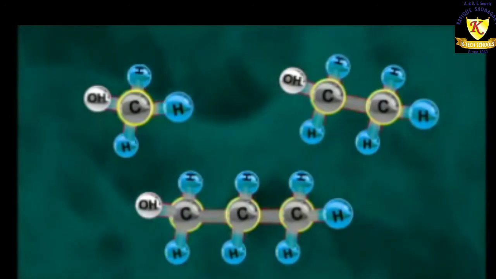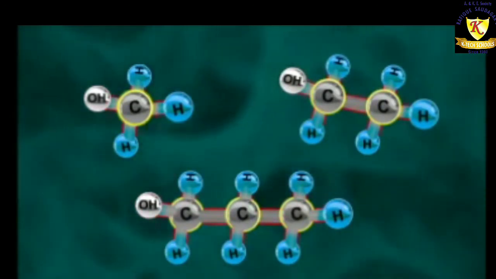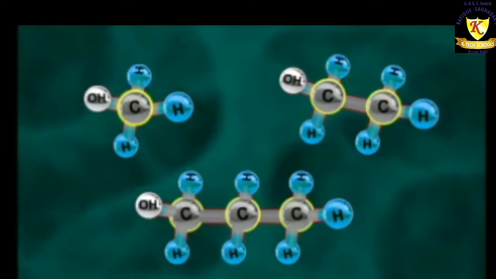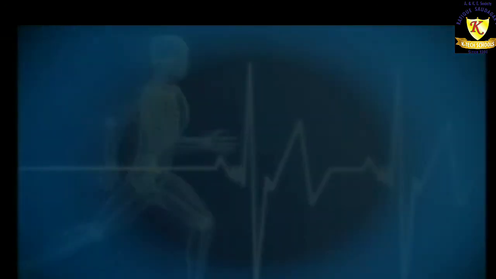What is the cause of this unique property of carbon? It is due to the peculiar nature of the covalent bonds formed by carbon. It can form a large number of compounds. From this, we come to know the following characteristics of carbon.